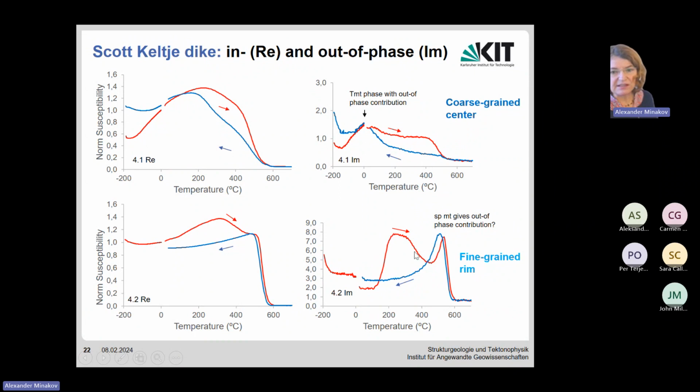And the interesting thing is we see an out-of-phase signal here that seems to be hidden. So there is a titanomagnetite in here in addition to a magnetite. We have two different compositions here, and this is also the case in here.